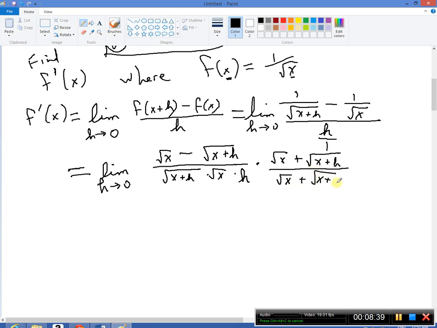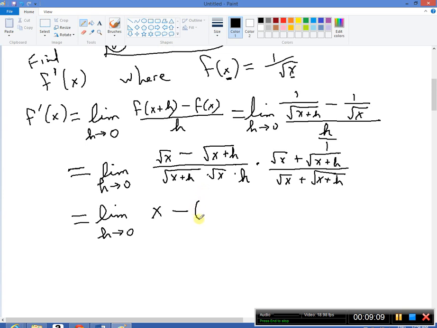Now, the nice thing about multiplying by the conjugate is that you end up with the square of the first term minus the square of the second term, and with radicals all over the place, those radicals are going to go away when you square them. So this becomes nothing more than the limit as h goes to 0 of the first thing squared, which is x, because you lose the radical when you square it, minus the square of the second thing.